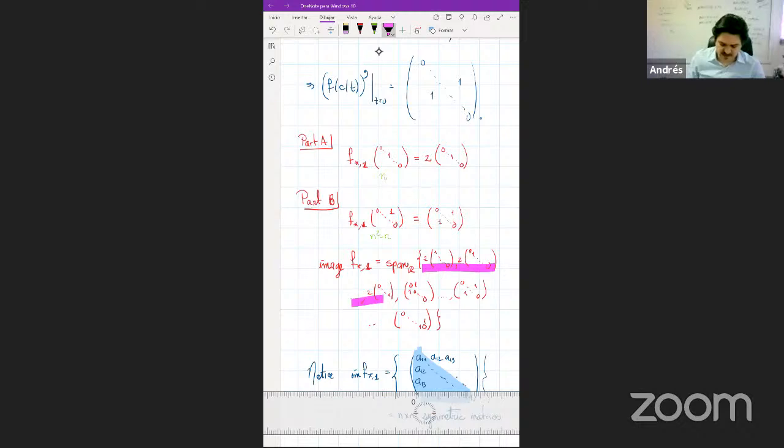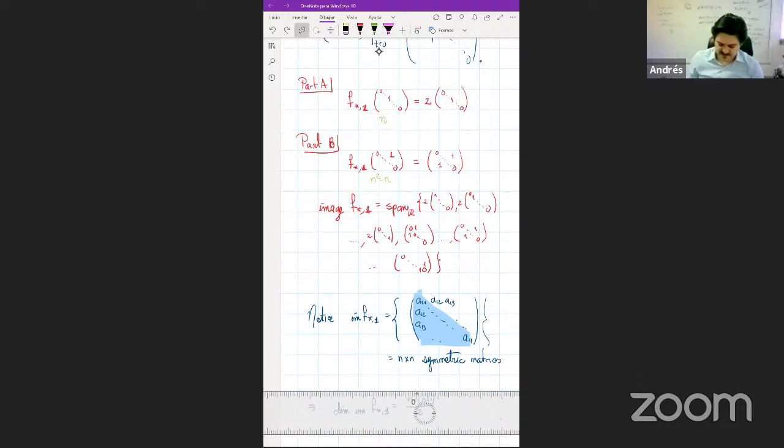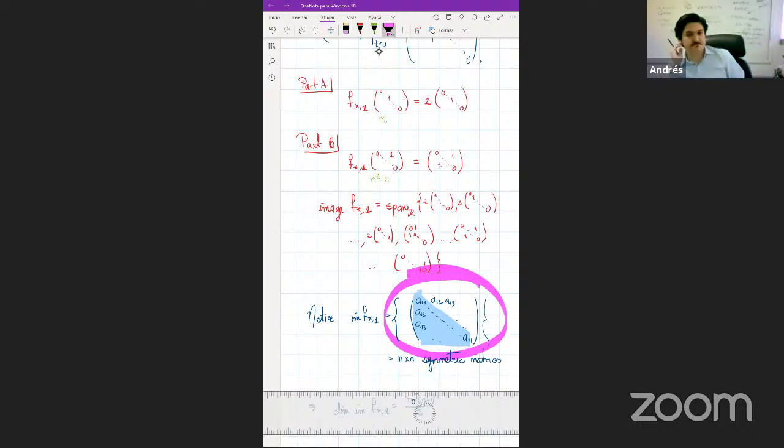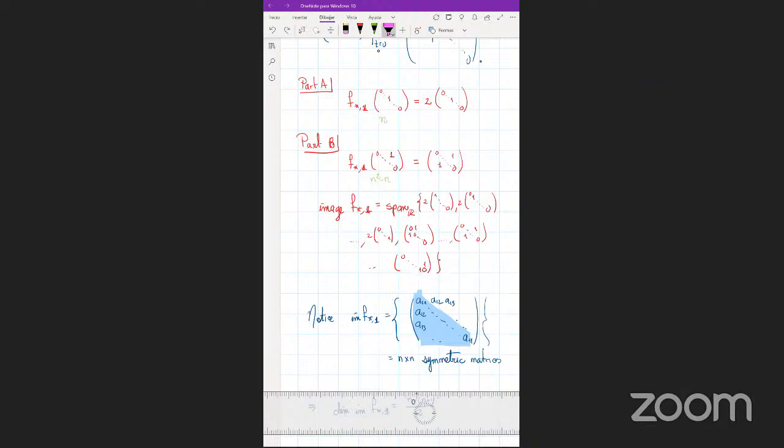This is taking care of the diagonal, and outside the diagonal, I get this. So that's why I'm saying that the image is given by this. Is it clear, Jesus? Yes, thank you. Okay.